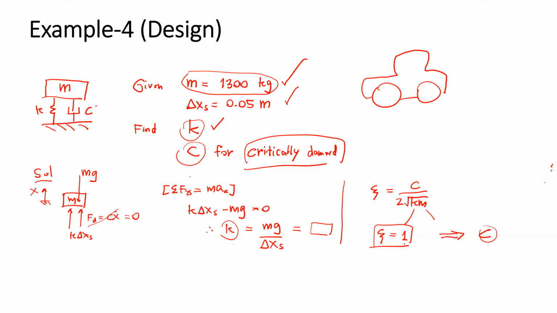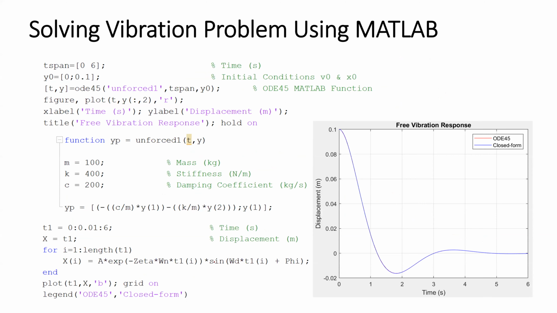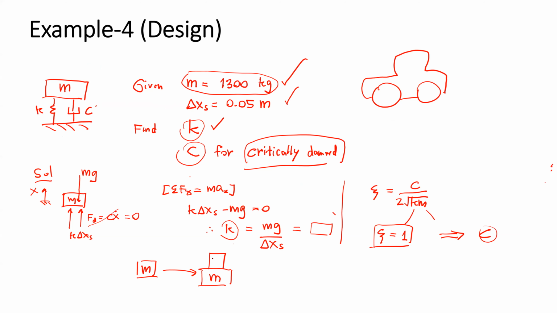So what's gonna happen if the mass is changed from M, or mass of the car, to the mass of the car plus the mass of the human and the baggage? What's gonna happen to the damping ratio?